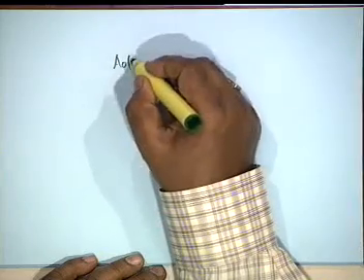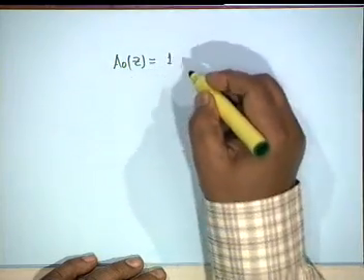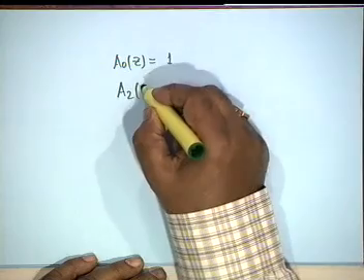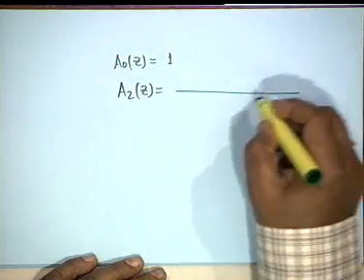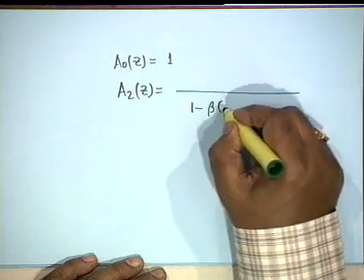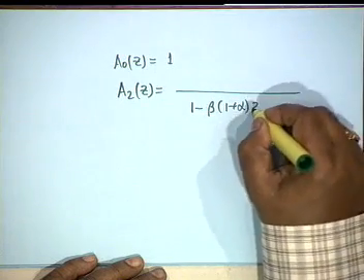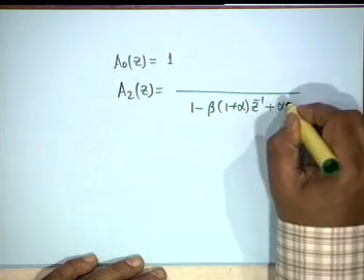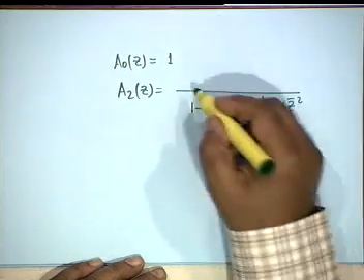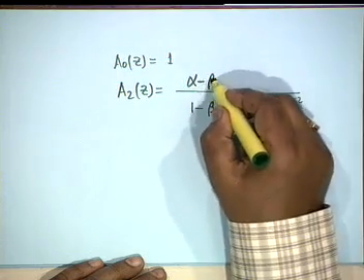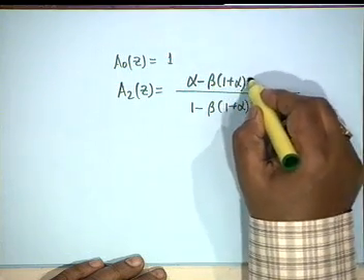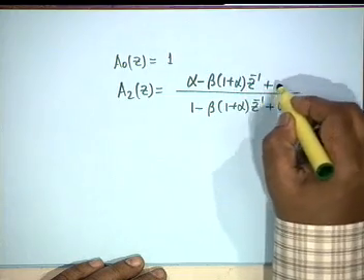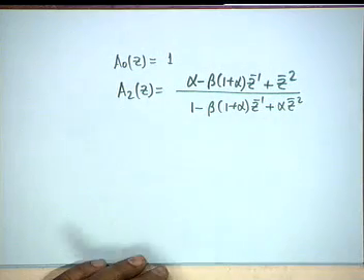the two all pass functions are A0(z) is 1 and A2(z) is this all pass with the same denominator, that is (1 minus beta)(1 plus alpha) z inverse plus alpha z to the minus 2 over alpha minus beta(1 plus alpha) z inverse plus z to the minus 2.